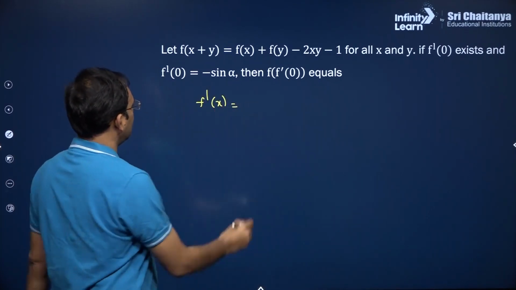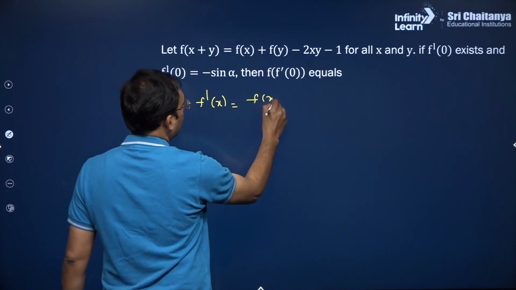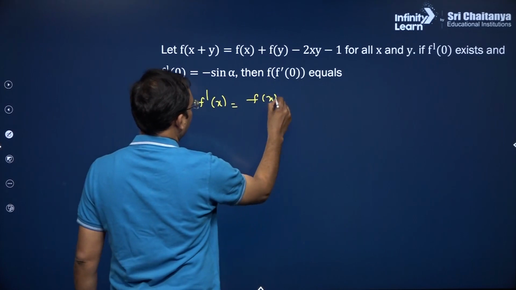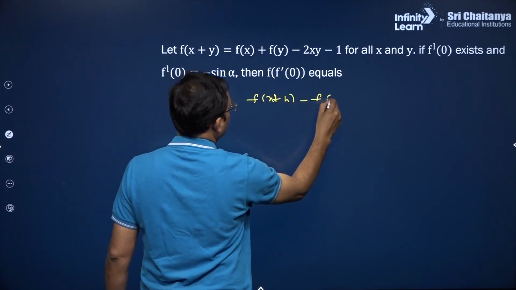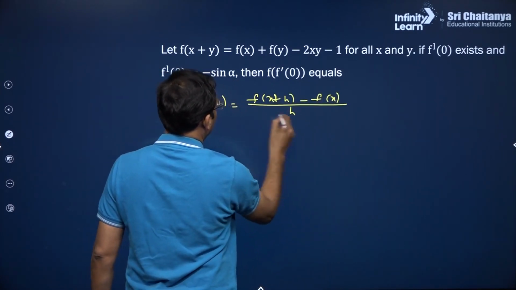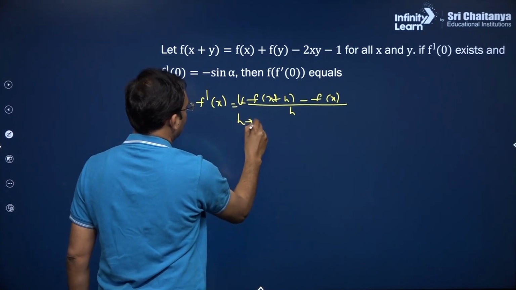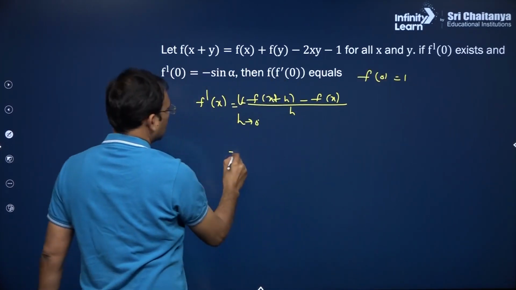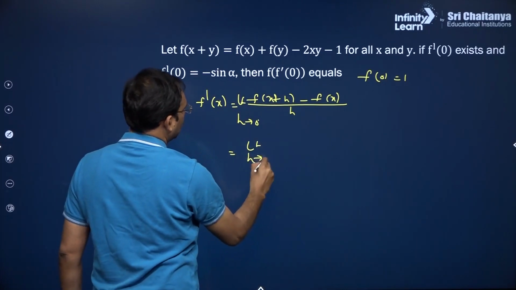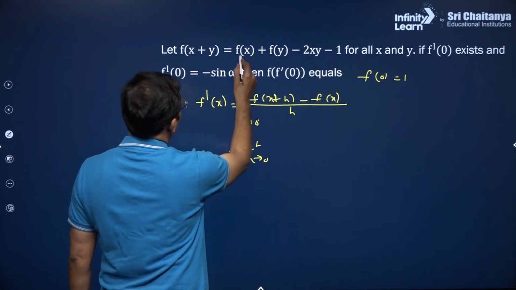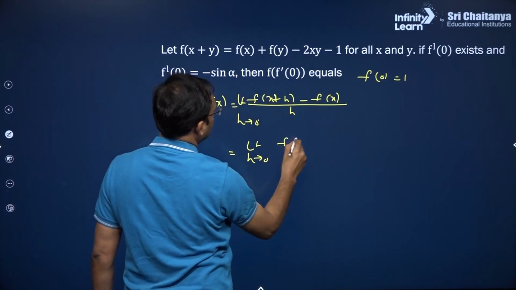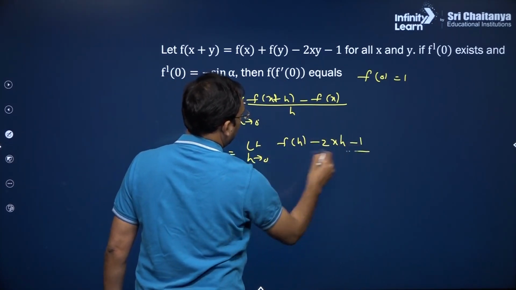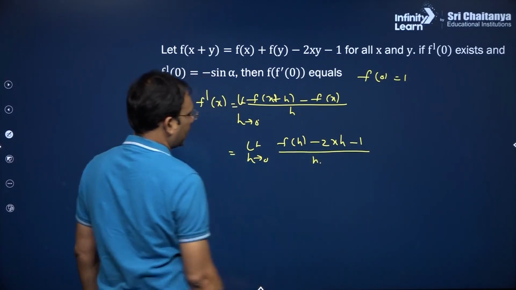f dash of x means, you see, f of x, put y is equal to 0, my dear friends, f of x plus h minus f of x by h, limit h tends to 0. We already got f of 0 is equal to 1. So which is limit h tends to 0, this definition, f of x plus h minus f of x is f of h minus 2xh minus 1 by h, my dear friends.